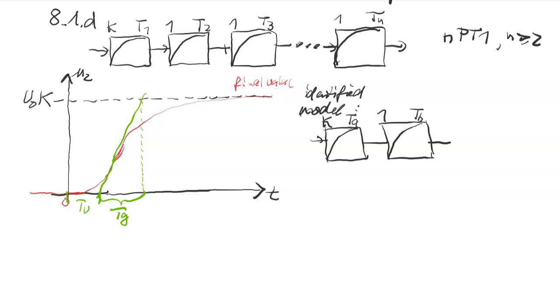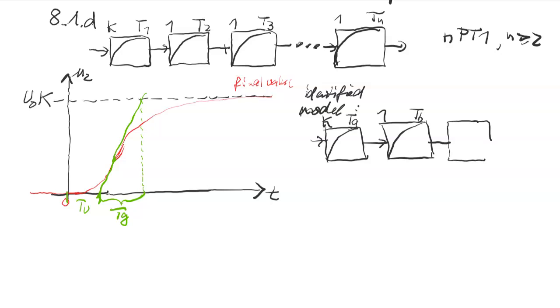I have told you that the form of the step response is the S-curve, independent of whether you have 2, 3, 4 or 1000 T's. So sometimes you can find a model with 2 time constants which fits to your nPT1 system, but sometimes 2 time constants are not sufficient.